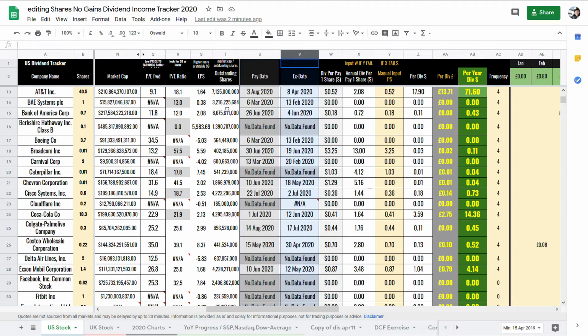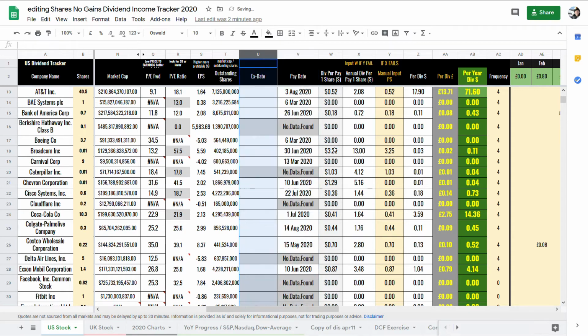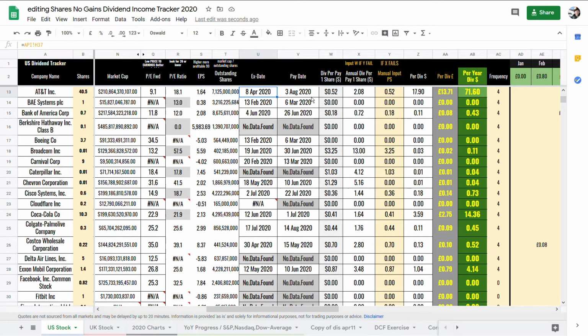It makes more sense, ex and then pay. Yeah, it should update in a moment, hopefully, yeah, good. So it pays on the 3rd of August, and this is automatic too. I know it pays me 52 cents per share, and they pay this quarterly, 4 times per year. The total in 1 year will be $2.08.